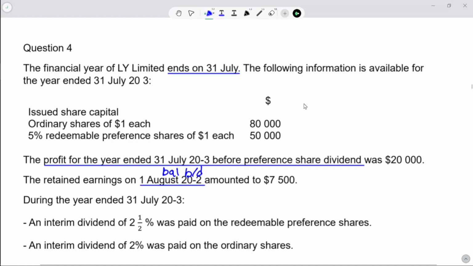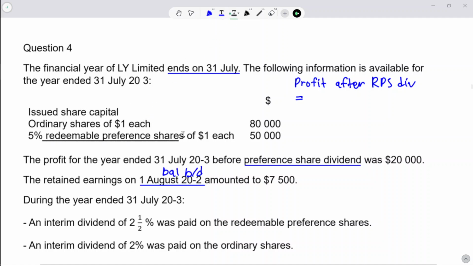So what you need to find is profit after RPS dividend. Let's break it down. This one is preference shares, and the dividend is this amount, 5% is the dividend. This amount is actually the amount.